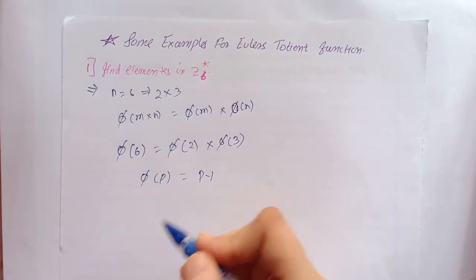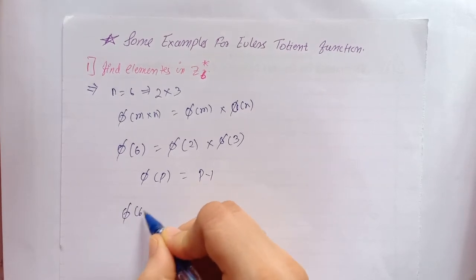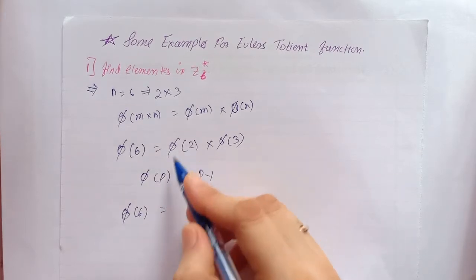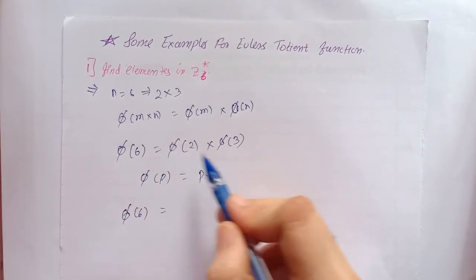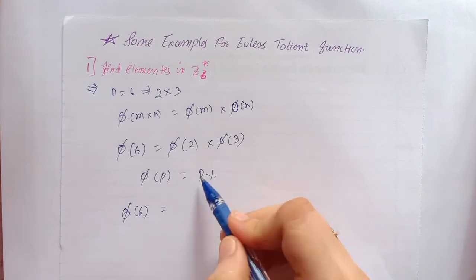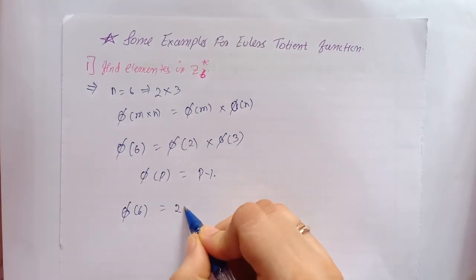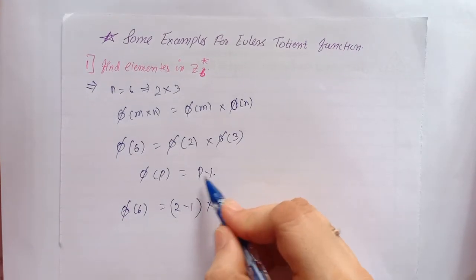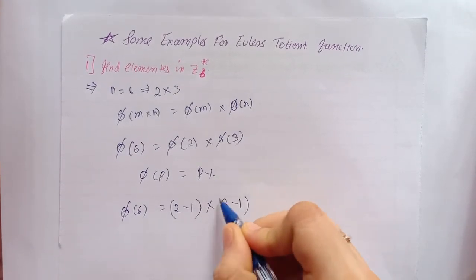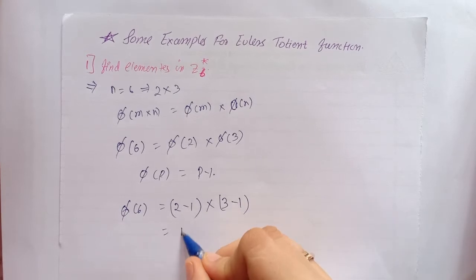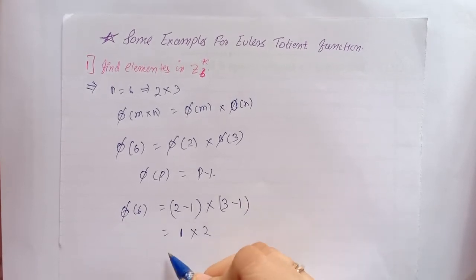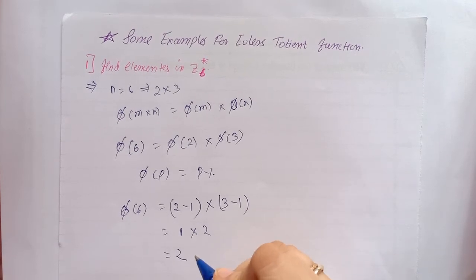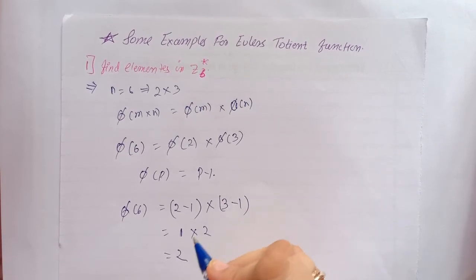So phi of 6 is equal to phi of 2, which is 2 minus 1, into phi of 3, which is 3 minus 1. So 1 into 2 is 2. So there are 2 elements in Z6 star.